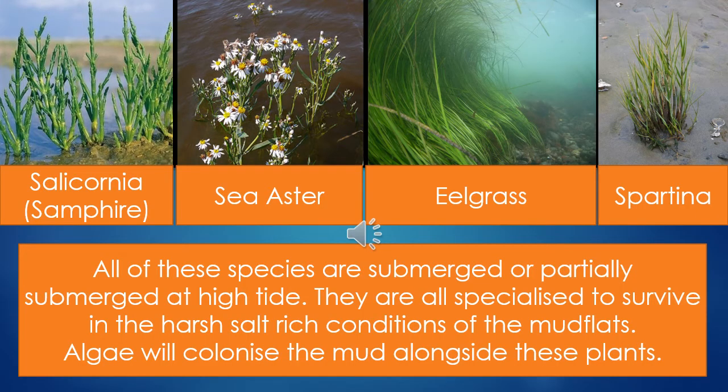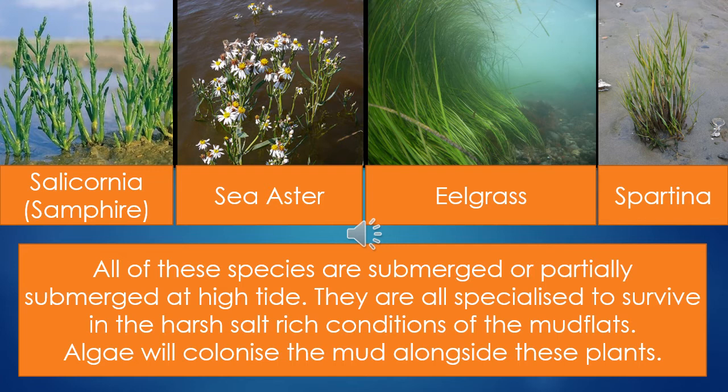Okay, so what I've got here are some of the species that can survive being submerged or partially submerged at high tide. They've all got one thing in common, which is they're all quite tall, grassy style plants. They don't have many flowers or big leaves, because that wouldn't help them in this environment. I've got a few here like samphire.